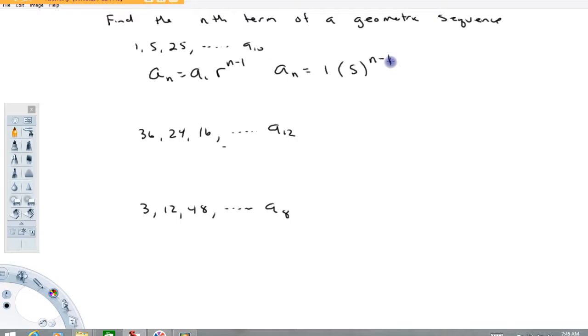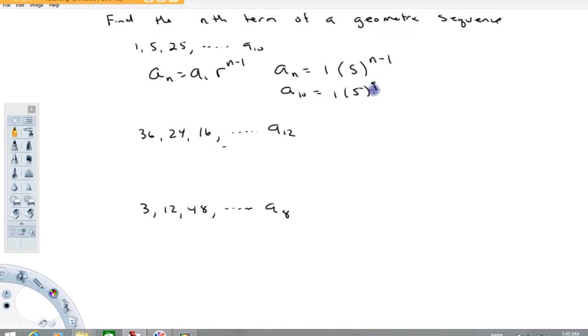Here it's pretty obvious how to get this, but notice that if I take 5 divided by 1, I get 5, or if I take 25 divided by 5, I get 5 again. You can always get this value by taking any one of these and dividing by the previous one. Now I'm going to put in n equals 10, so a10 is going to equal 1 times 5 to the 10 minus 1, which is to the 9th.